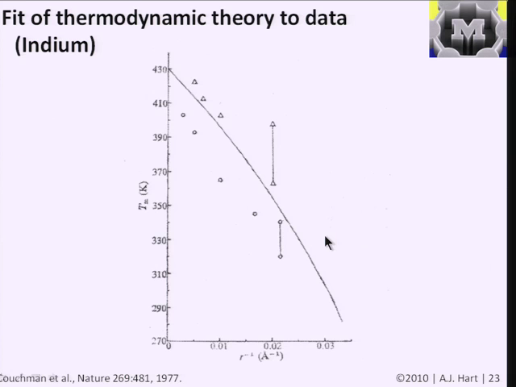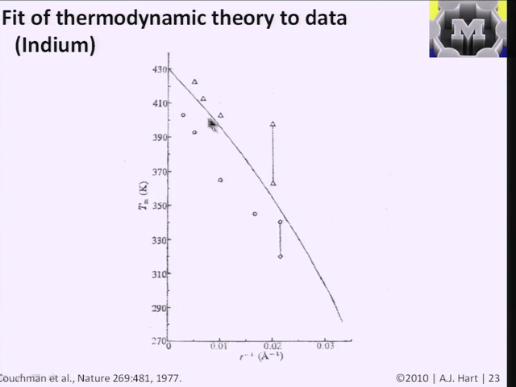And this is a fit from the paper in the readings from Couchman that uses this simple thermodynamic theory to relate the melting point predicted by the theory to data for indium.